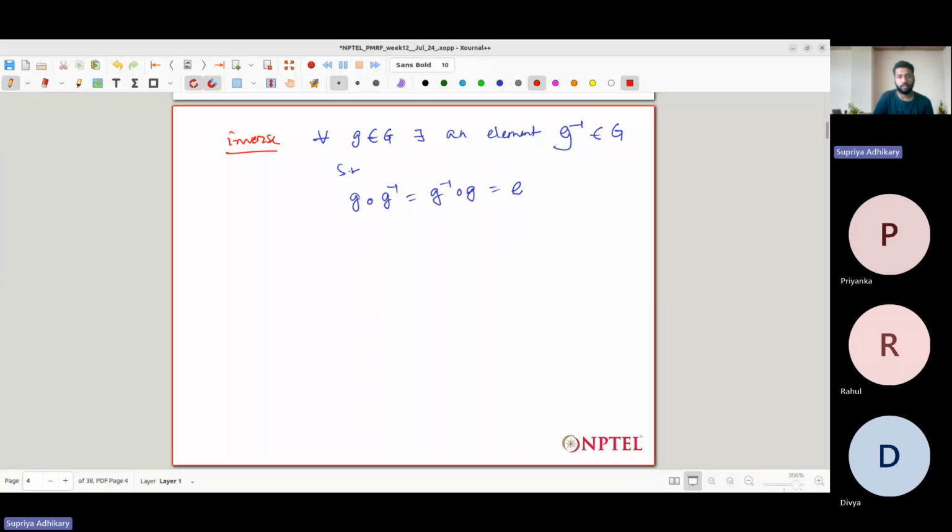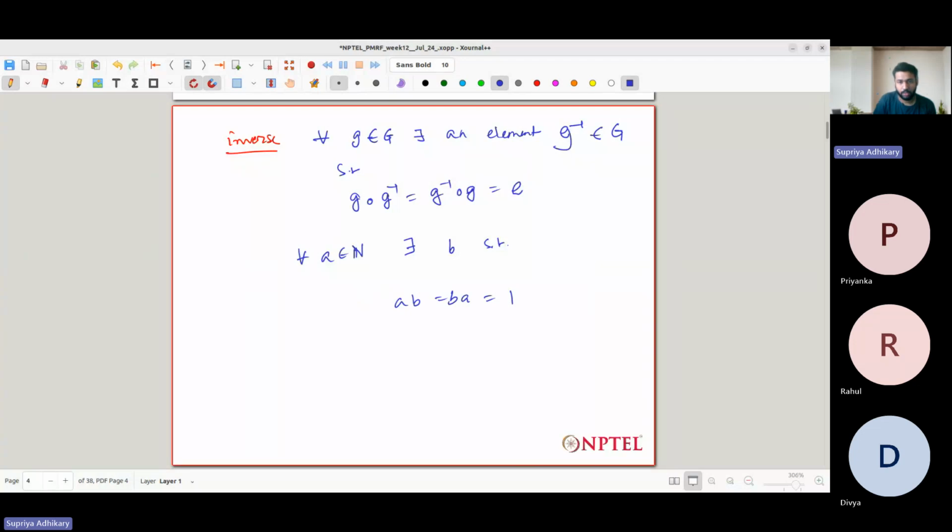So over here, for all A in the natural number set N, there must exist some B such that the multiplication AB equals BA equals 1.